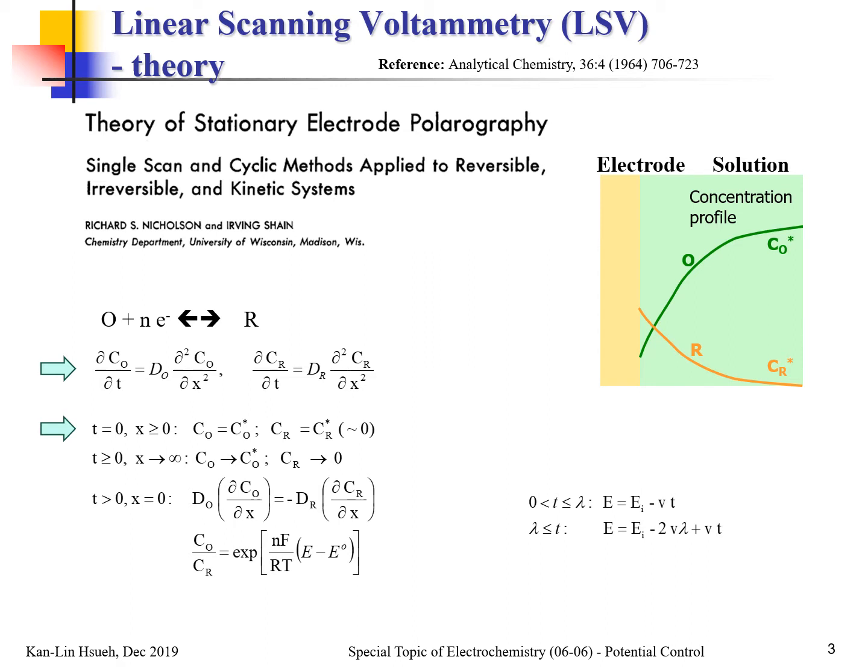And then the two boundary conditions. One is at x approaching infinity. That means the bulk of the solution is not affected by the electrochemical reaction at the electrode, so it maintains the original initial condition, CO star and CR close to 0.